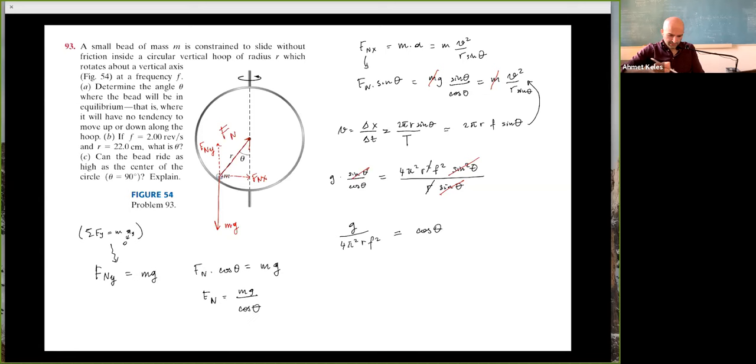So let me check if I have everything. g is here, 4 is here, pi squared is here, r is here, f squared is here. Good, I have everything. And I just basically use theta is equal to cosine inverse of g over 4 pi squared r f squared. Okay, that's it.